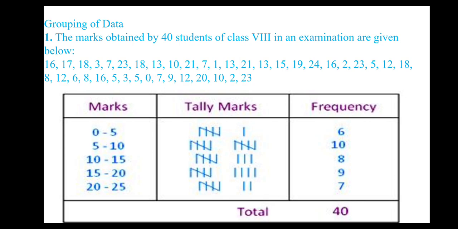Here the minimum value is 1 and the maximum value is 23. So if you write 1 to 23, 23 rows will come.